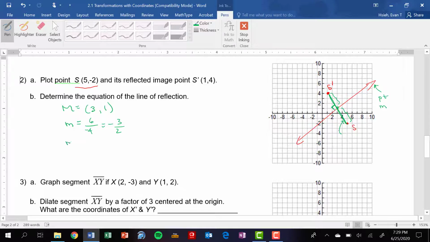So I know that the slope of the perpendicular, the red line, is going to be the opposite reciprocal of that, so it's 2/3. Plug it into point slope form, y minus 1 equals 2/3 times the quantity x minus 3, and I'm done. That's the equation of the red line.